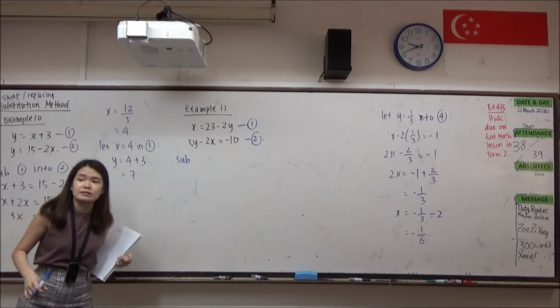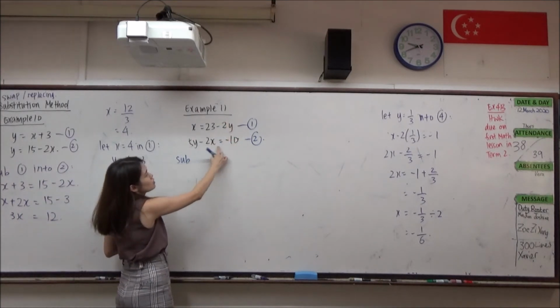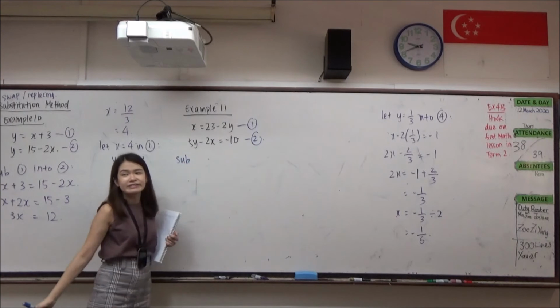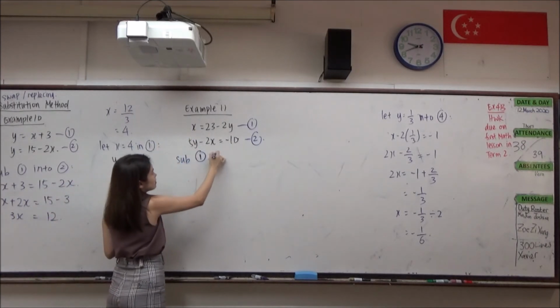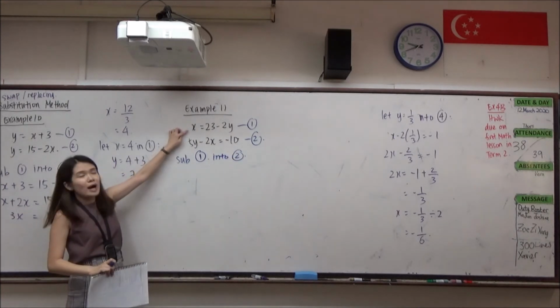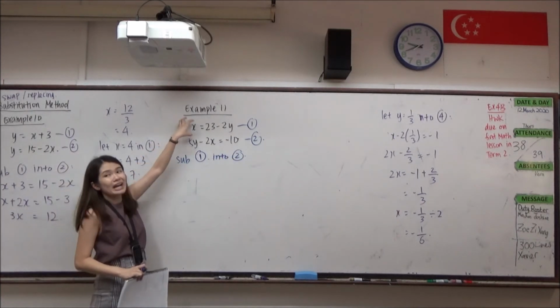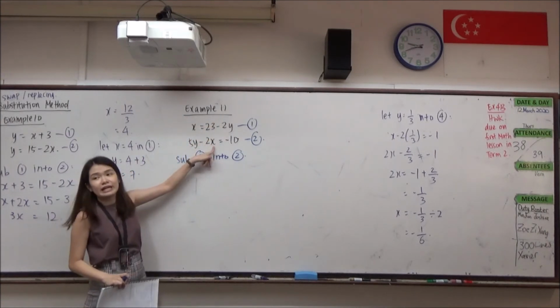How will you sub 2 into 1? Equation 2 has so many things to put inside 1. Should be sub 1 into 2, right? Because the question says that 1 starts with x.